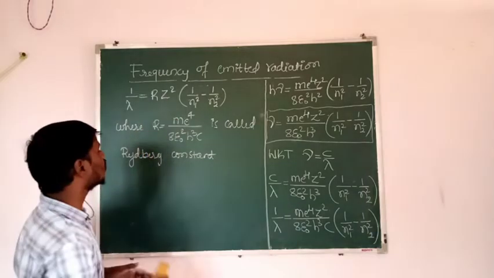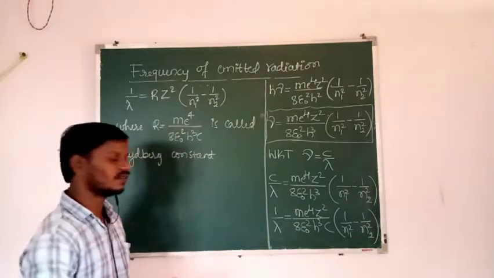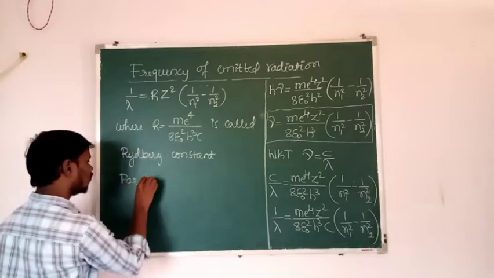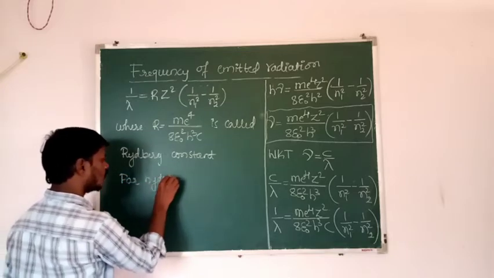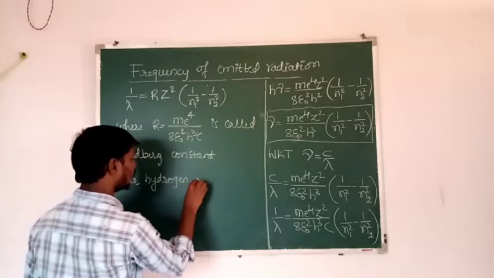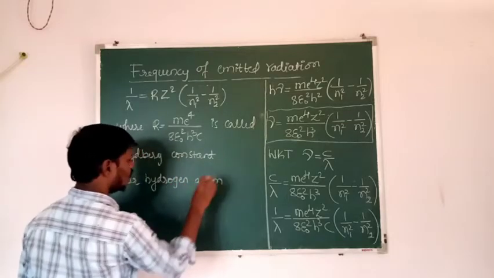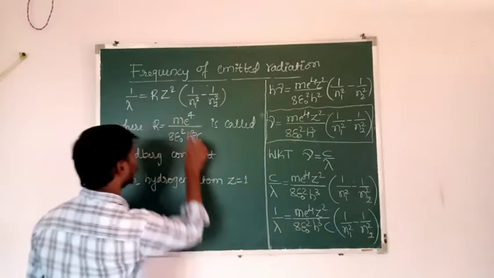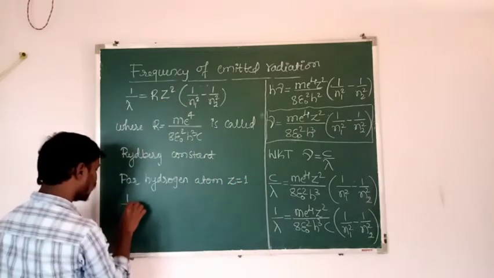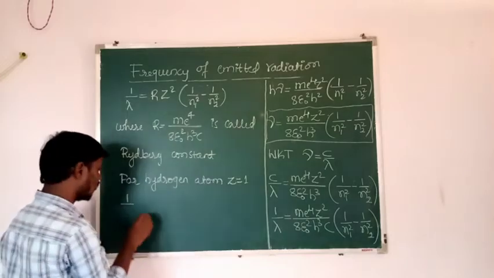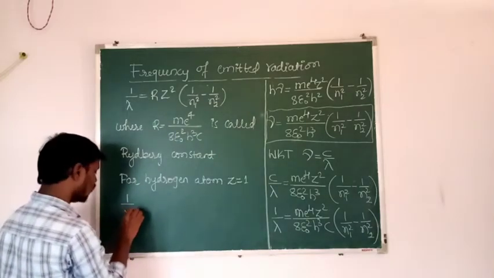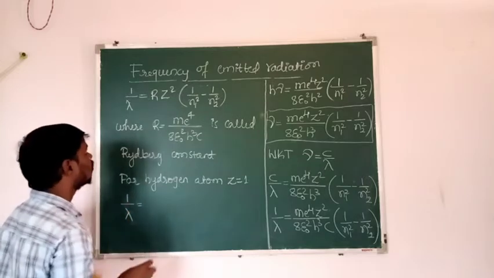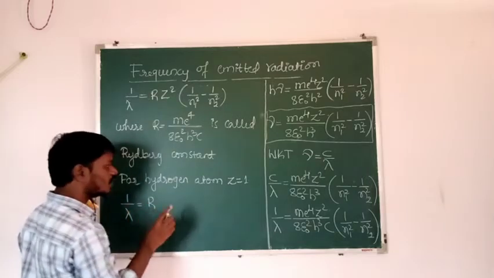For the hydrogen atom, what is the value of z? That is 1. For the hydrogen atom, z value is 1. Then we can write this equation as, this is for the hydrogen atom, 1 by lambda is equal to R into, z is how much? 1.